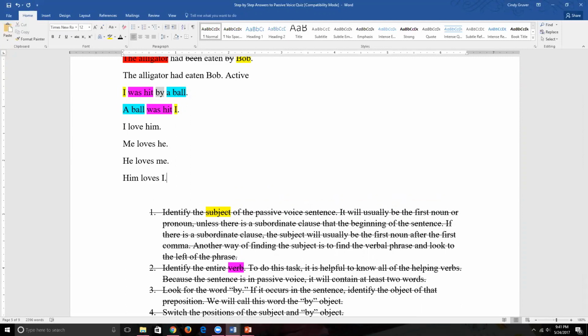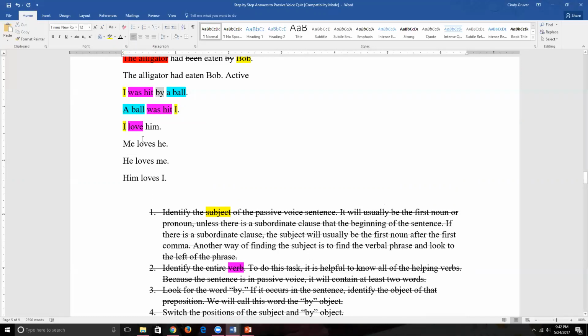There's a disconnect. We're not quite sure what's meant because we have two competing systems in English. We have word order, and word order tells us, well, if we don't have a passive voice structure, and obviously none of these are passive voice because there's no to be verb and there's no past participle. So when we have active voice, we expect that on the left side of the verb we'll have the doer.